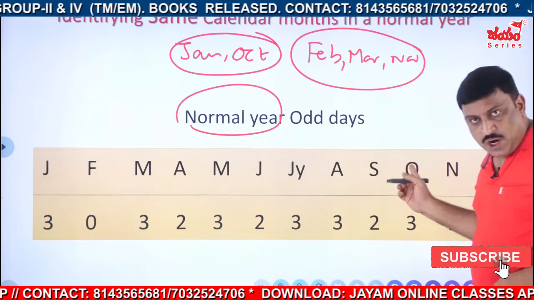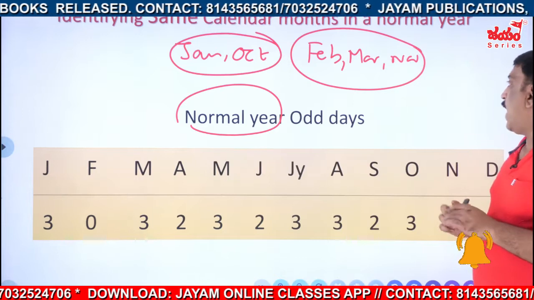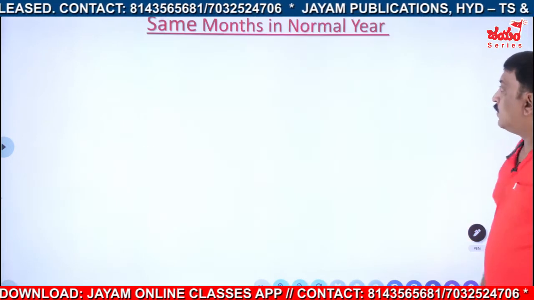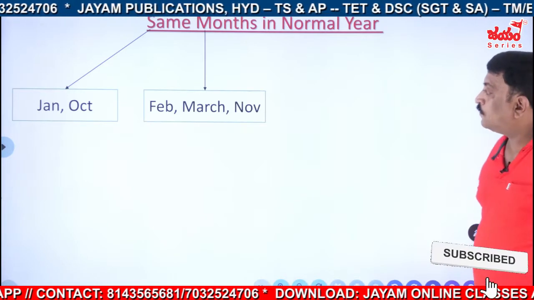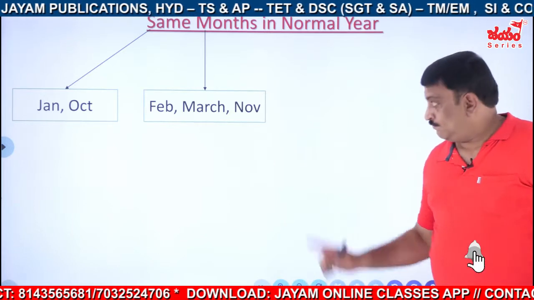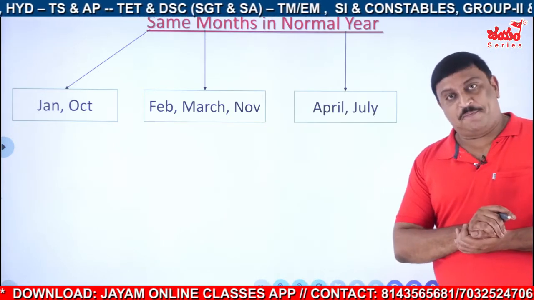And the rest of them, you try, we will get April and July, right? So I'll show you that one, right? So the first one is January, October, right? And the next one, Feb, March, November, right? And then the next pair, April, July.